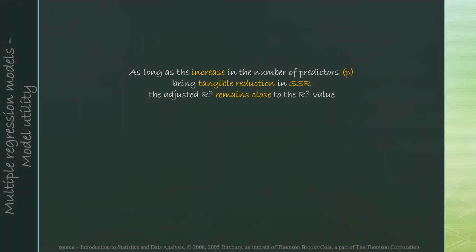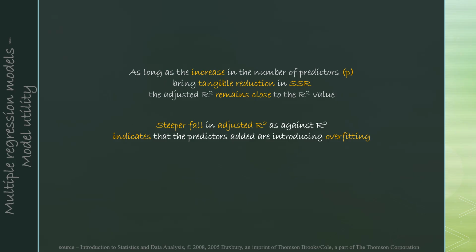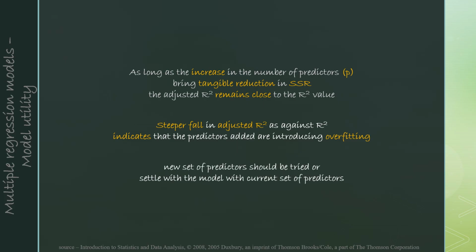As long as the increase in the number of predictors p brings tangible reduction in SSR, the adjusted R square remains close to the R square value. Arithmetically, increase in p is compensated by the fall in SSR. Steeper fall in adjusted R square as against R square indicates that the predictors added are introducing overfitting, and therefore either a new set of predictors should be tried or settle with the model with current set of predictors.